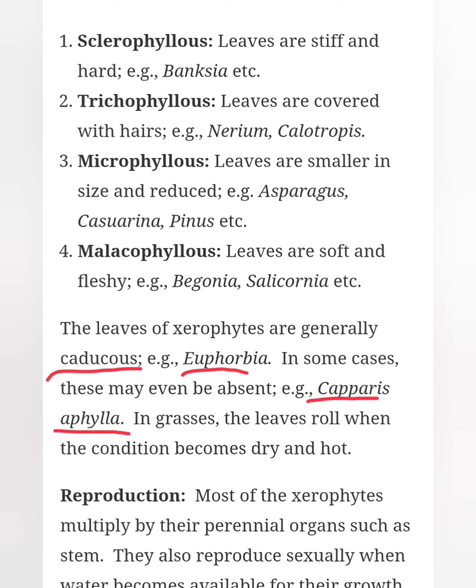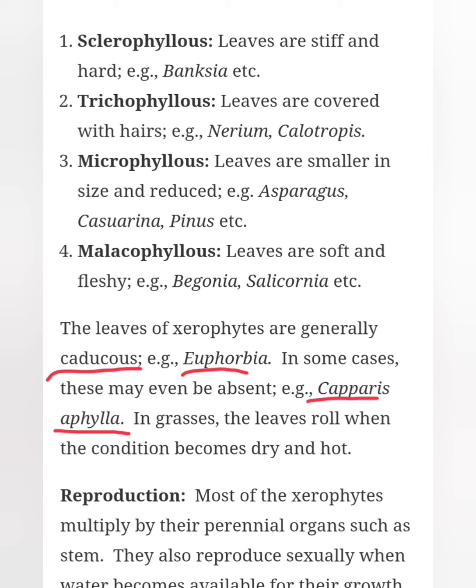And in grasses, as I already mentioned, the rolling of the leaves occurs when the condition is very dry and hot. The leaves become rolled or folded in such a way that the stomata are directed inwards. In this way the stomata are shut away from the external atmosphere, thus reducing transpiration, or evaporation of water, that means loss of water.